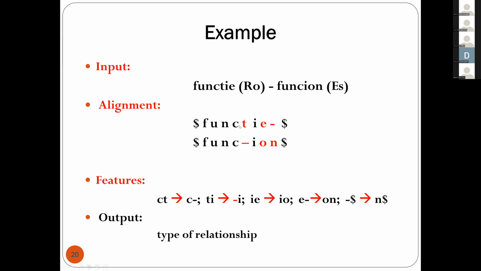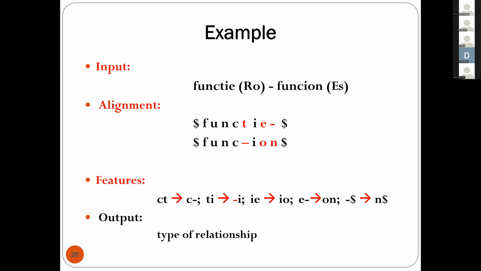For example, the bigrams which we used for this case are CT and C-dash, T-I and dash-I, E-I, O-E and dash-O, N-dollar and dollar-dash. So here it is clear.